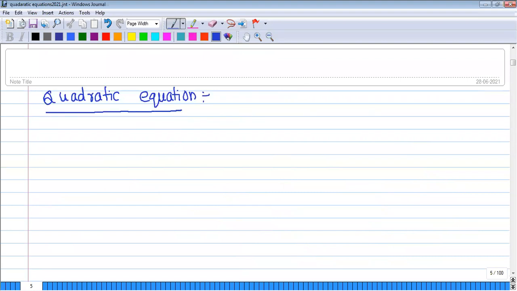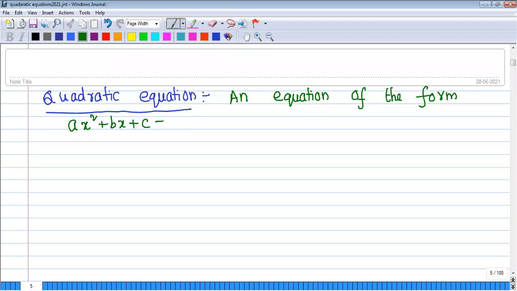An equation of the form ax² + bx + c = 0. That means the expression is equated to 0.